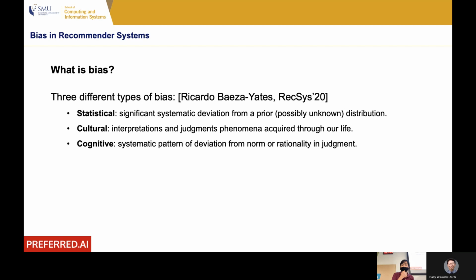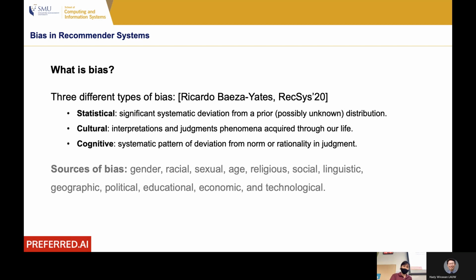Another one is cultural, where we have interpretation and judgment phenomena acquired throughout life. So different people have different bias based on their culture. Another one is cognitive, which is a systematic pattern of deviation from norm or rationality in judgment. So he listed these three types of bias that we could use to explain why we have different bias.